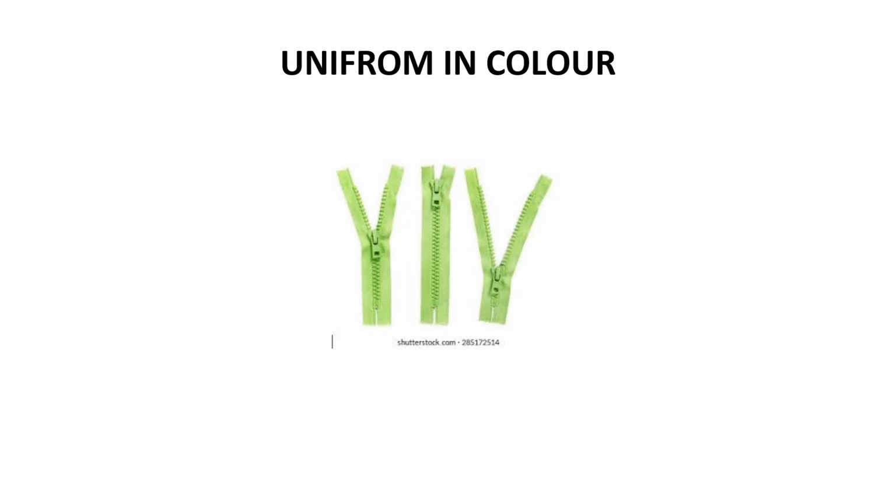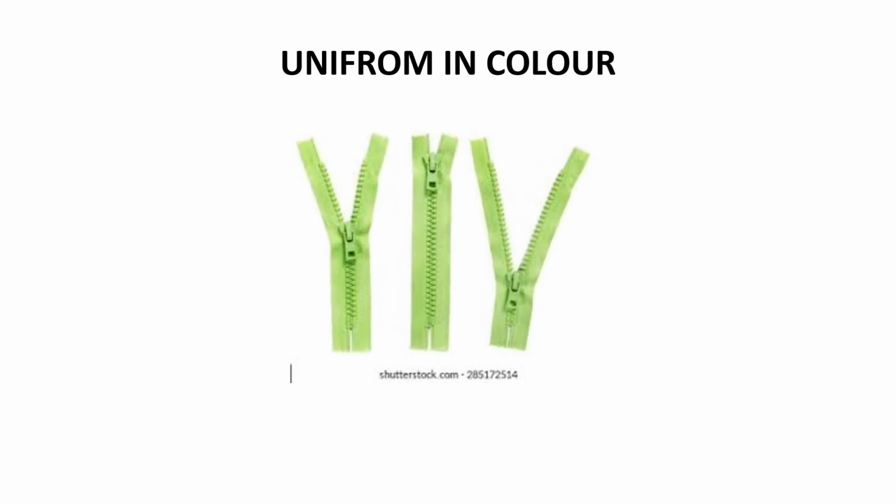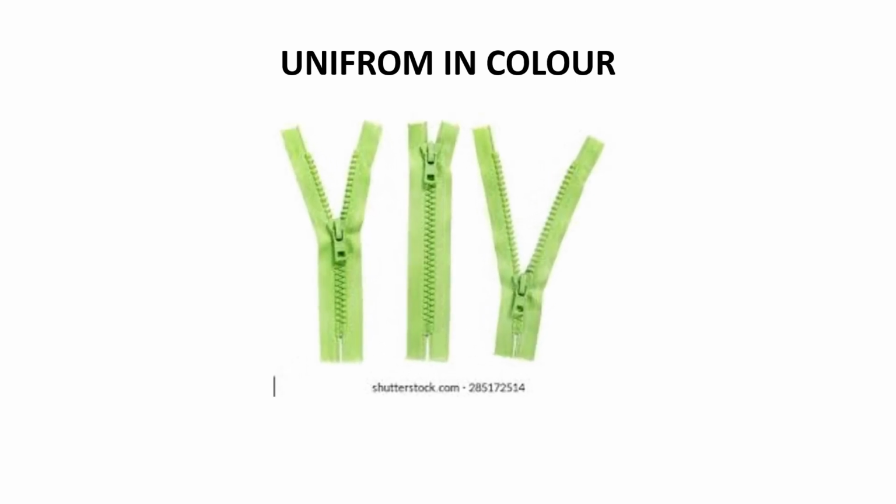So the inspector must see the uniformity in color. When the dyeing has been done of the zipper assembly, like fabric dyeing, the zipper assembly can also be dyed. Different colored zippers are also available because of that reason. So uniformity of the zippers is very important, uniformity in the color of the zippers.